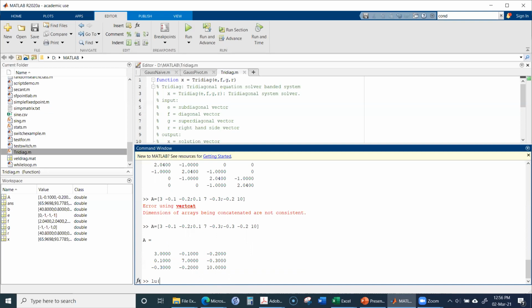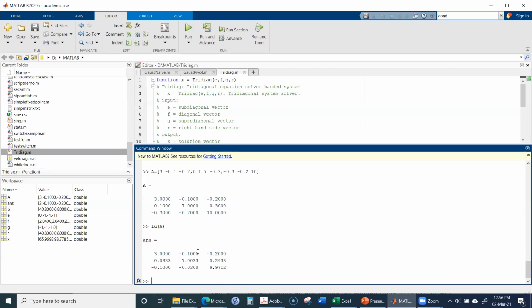Maybe I can use LU of A. I will get an answer, but it is not very useful because I want to decompose into lower and upper triangular matrices, as separate matrices L and U. So I will modify it and put L, U in brackets, equal to the function LU, which is the function in MATLAB, of the matrix A. In this way, it will decompose it into the L and U matrices.